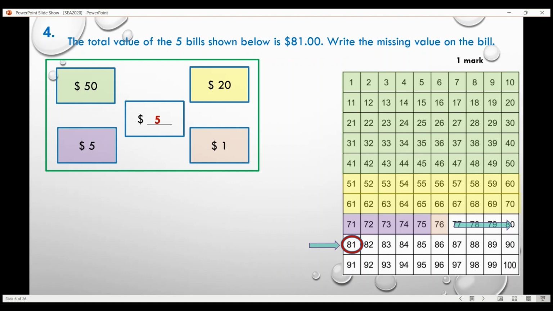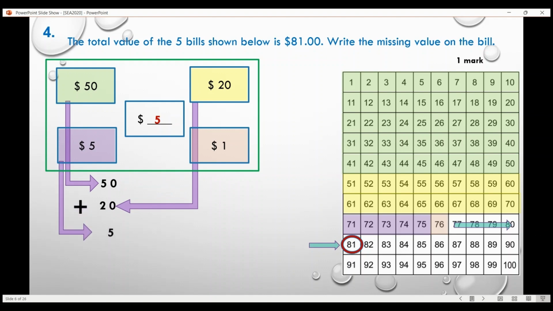Another way that teachers normally represent it is to ask the students to go and add up everything. So we have $50 and we have what next? $20, one in green, one in yellow, and then we had what is in purple, $5, and of course $1. So we can go and add this up.